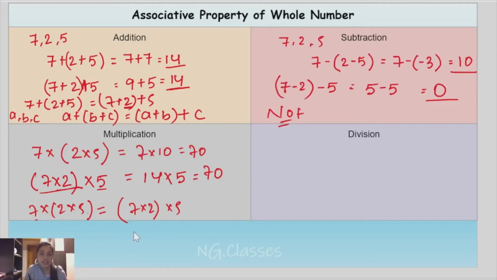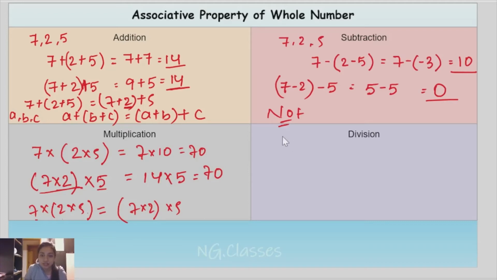Then in the second case I keep another 2 together and take out the answer and check if both are same, then I will say that operation is associative. If not same, then I'll say that operation, like subtraction, is not associative. Clear?